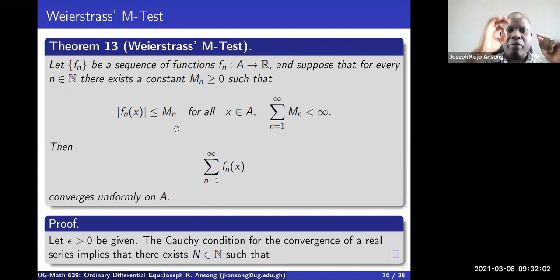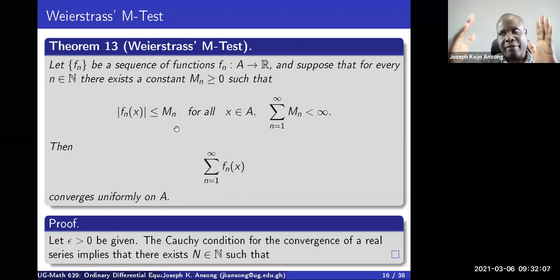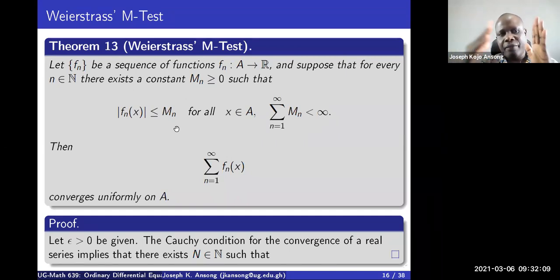And if I take the individual bounds and sum them up, if I form an infinite sum, a series of them, and that series is bounded, it doesn't go to infinity, then I can conclude that the infinite series of the functions themselves converges uniformly to some function in the domain A. Good.